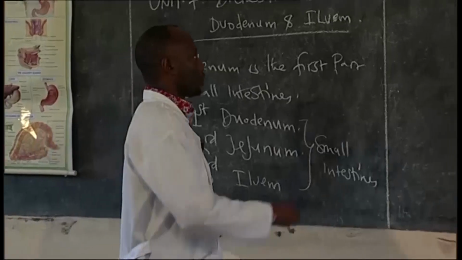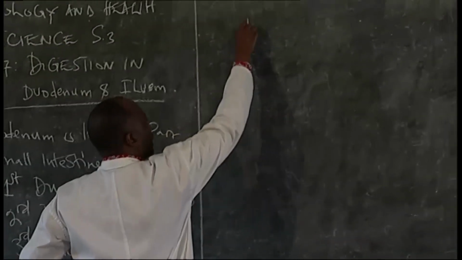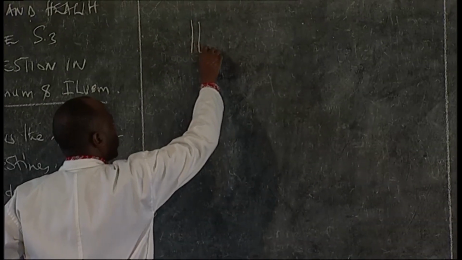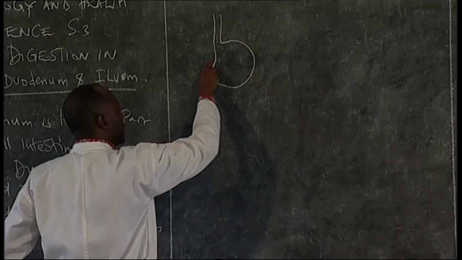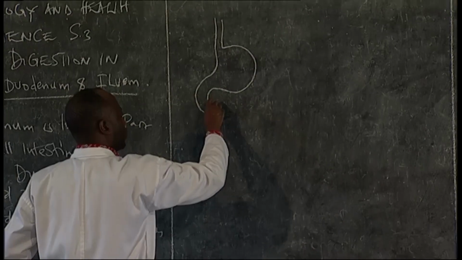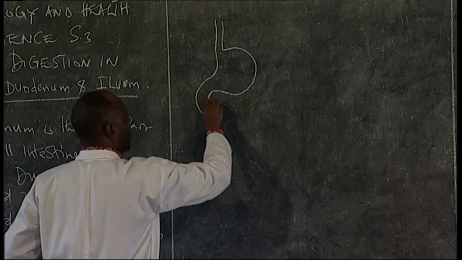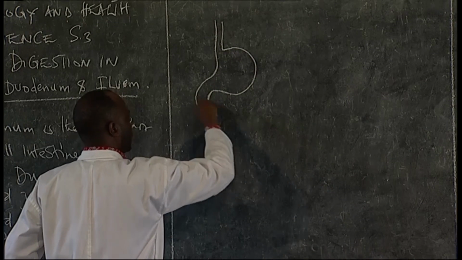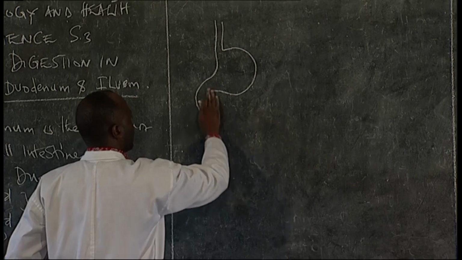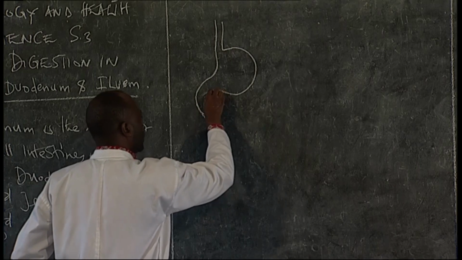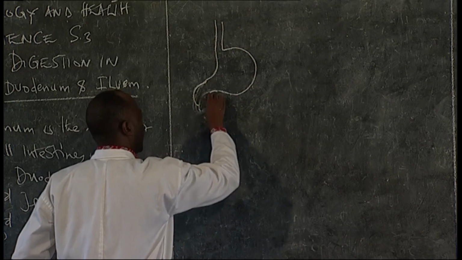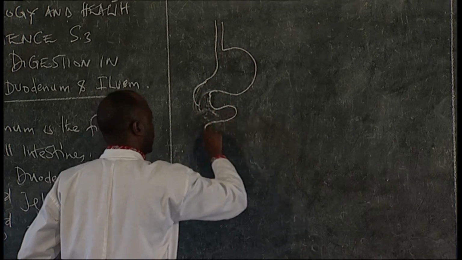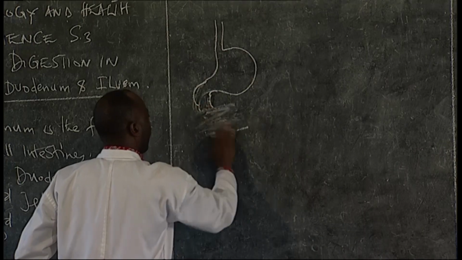This is a diagram that tries to show the structure of the stomach. You can see the stomach and the first part of the small intestine, which is a smaller part of the small intestine.